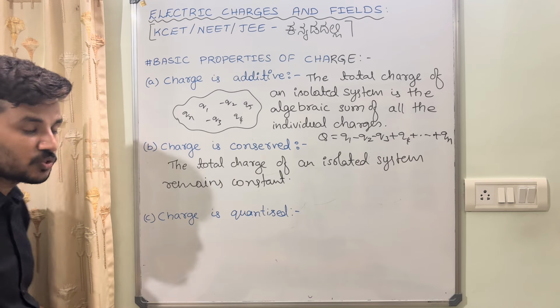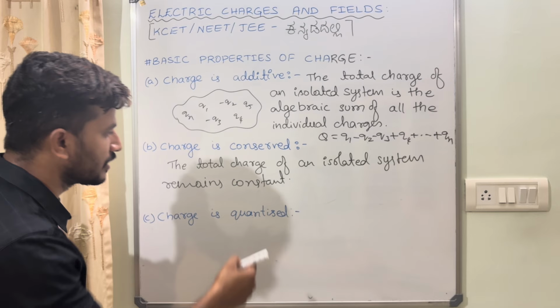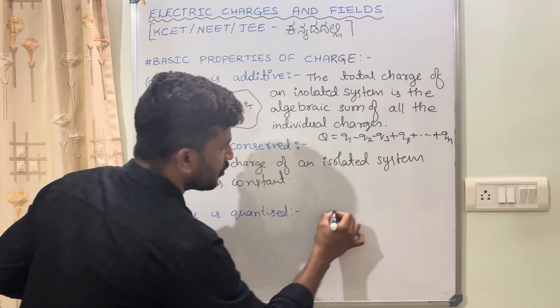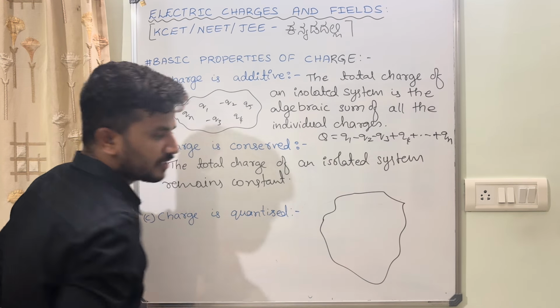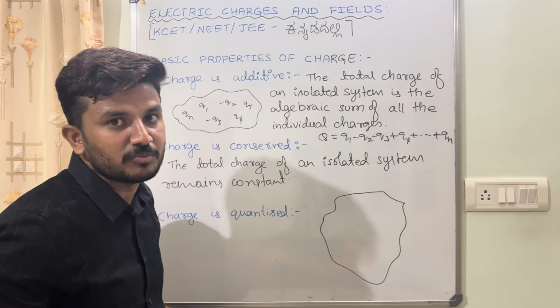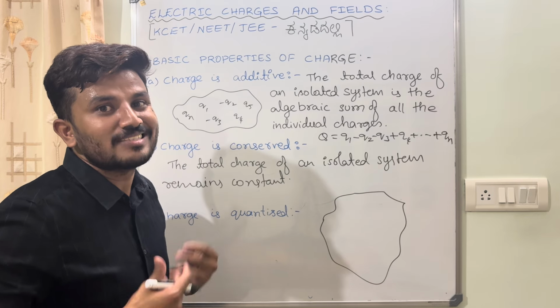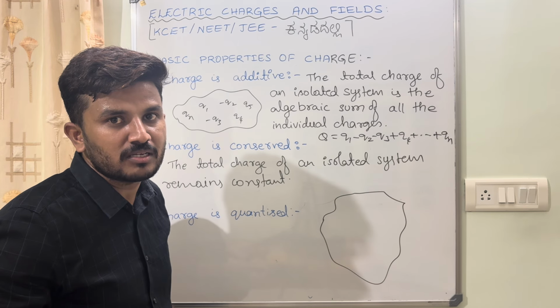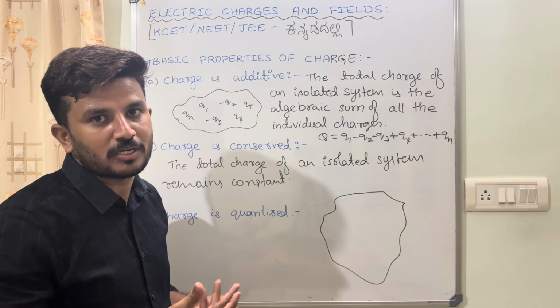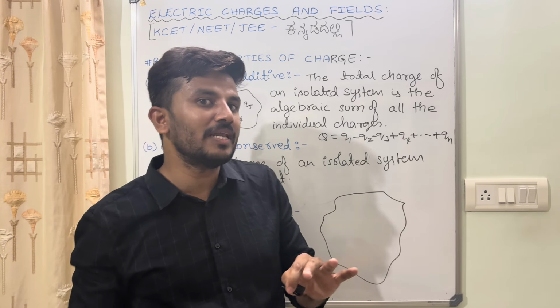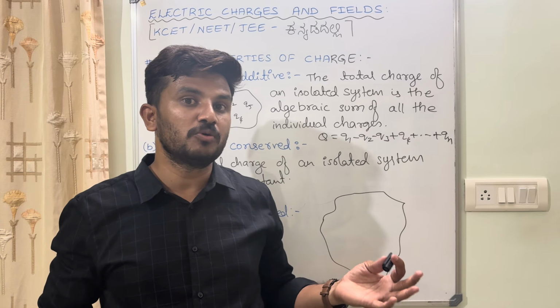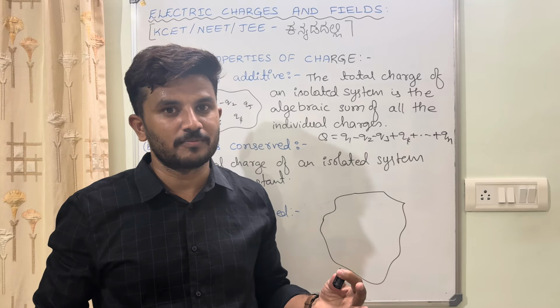Okay, then charge is quantized, which is very important for numericals also. If a body has charge, it should have an excess number of electrons or an excess number of protons. If there are 10 protons and 5 electrons, it is a positively charged body.